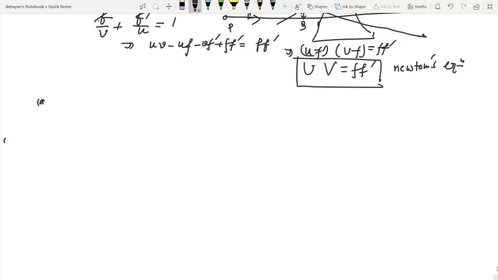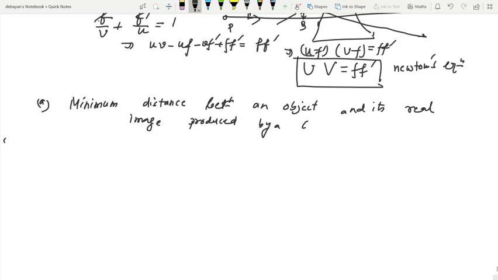But if you need to prove that, how is it possible? The first thing you need to prove is the minimum distance between an object and its real image produced by a convex lens.